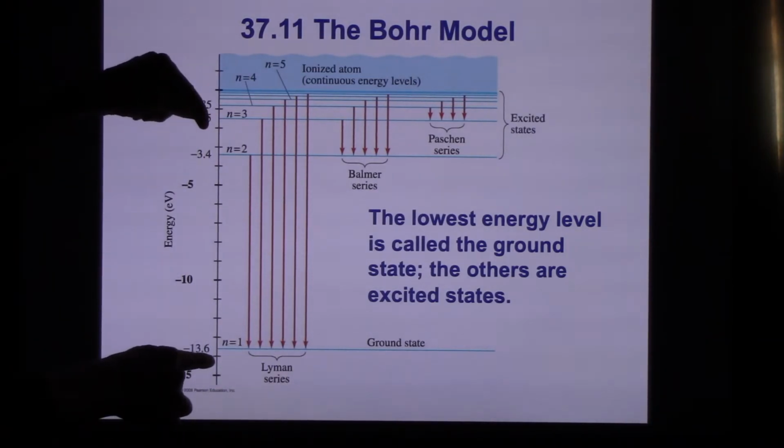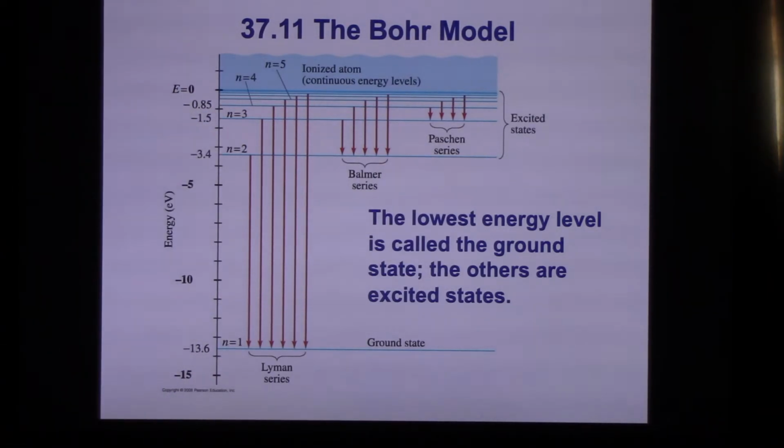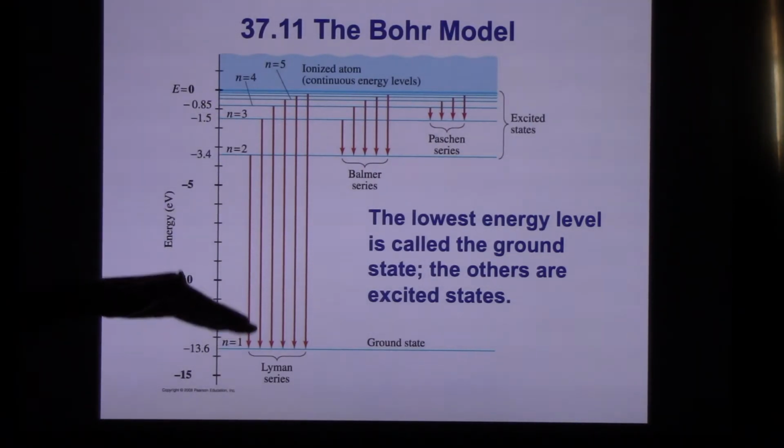Between state 2 and state 1, that's a difference of 10.2 eV. That's already enough energy that you're in the ultraviolet. The photons generated from an electron dropping from state 2 to state 1 are going to be in the ultraviolet. From state 3 to state 1, that's going to be ultraviolet too.